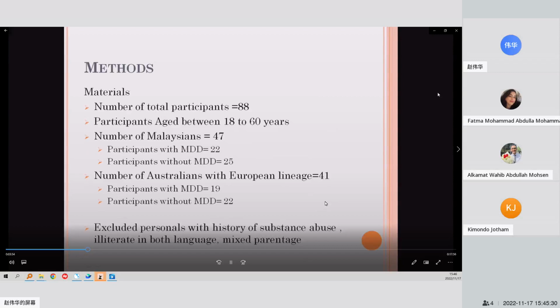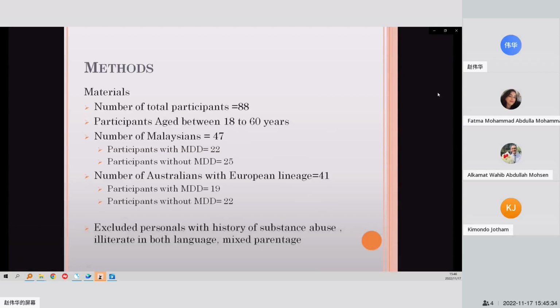The number of Malaysian participants was 47, with 22 with MDD and 25 without MDD. In the case of Australians, the total was 41, with 19 with MDD and 22 without MDD.